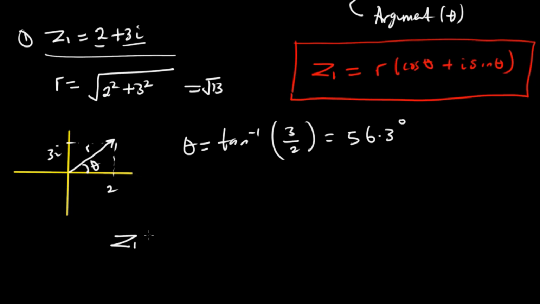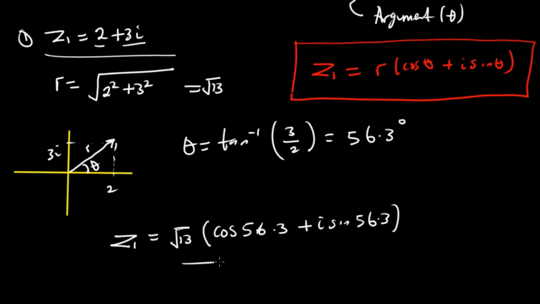So we have z1 to be equal to, in this case, our r is root 13, cos 56.3 plus i sin 56.3. So this is the representation of complex number z1 in polar form: root 13 cos 56.3 degrees plus i sin 56.3 degrees. So that's that concerning z1.